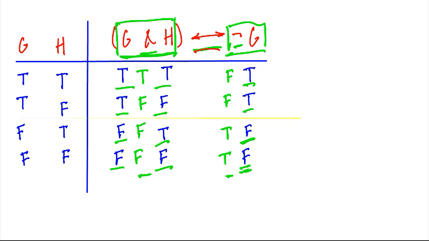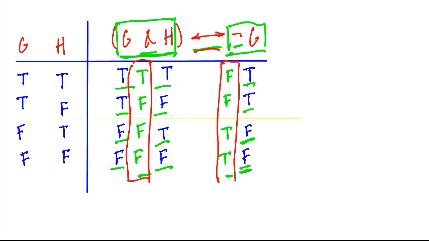Okay, now we can do the column underneath the biconditional. And so we're looking at this and this. So this whole sentence is G and H. Truth value for that is right here. If and only if not G. Truth value for the not G is right here.